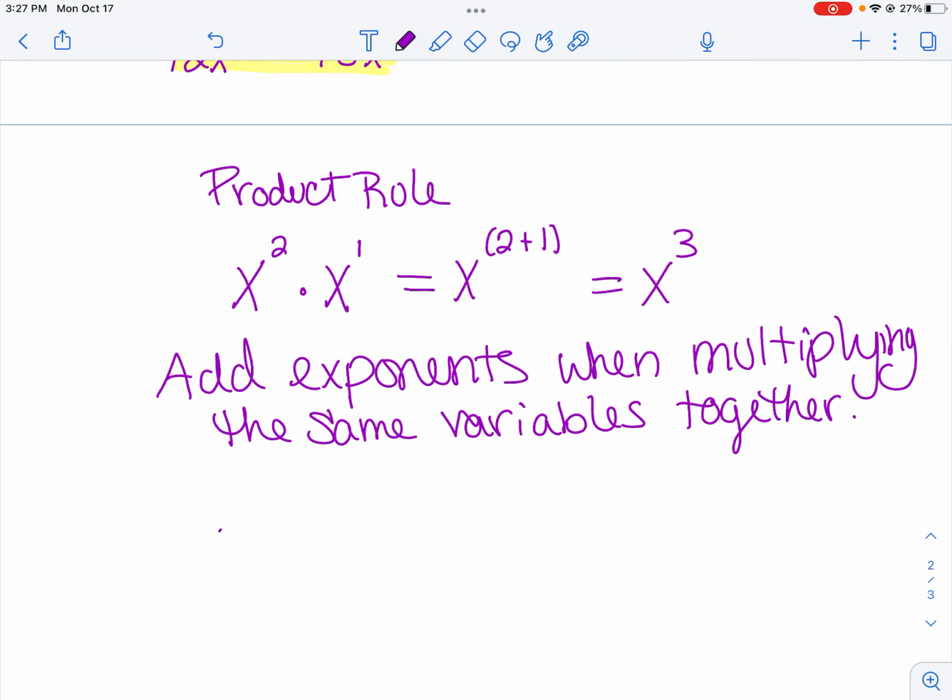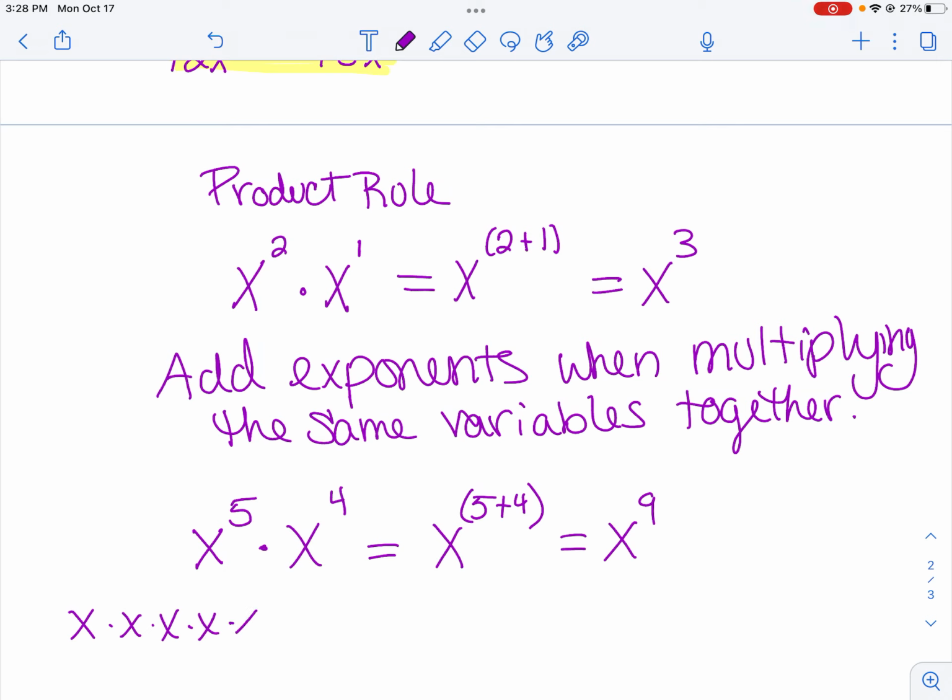So for example, if I had x to the 5th times x to the 4th, altogether I would have x to the 5 plus 4, or x to the 9th, right? X to the 5th is 5 copies of x, and x to the 4th is 4 copies of x. And together we have 1, 2, 3, 4, 5, 6, 7, 8, 9, so x to the 9th.